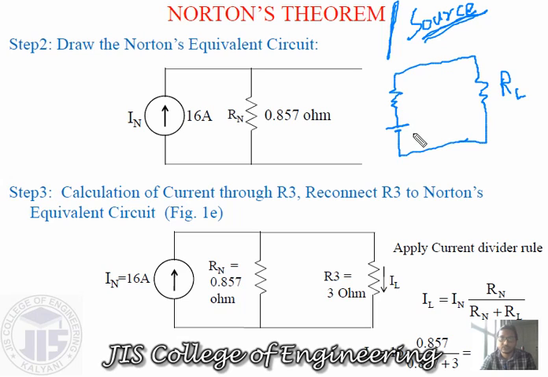This source is nothing but the value of IN multiplied with Rn, and this is the value of Rn. So this circuit actually looks like the Thevenin's circuit, right? So whatever theorem you apply, Thevenin's or Norton's, they will give you the same result. And if required, you can convert any circuit to any circuit.